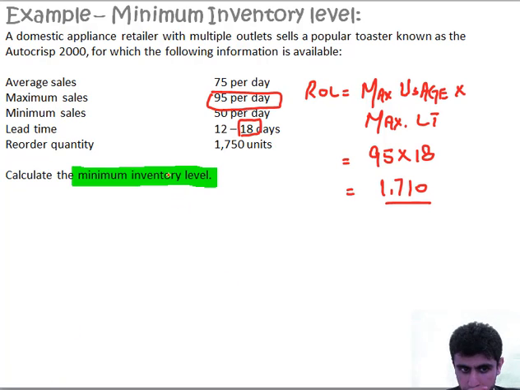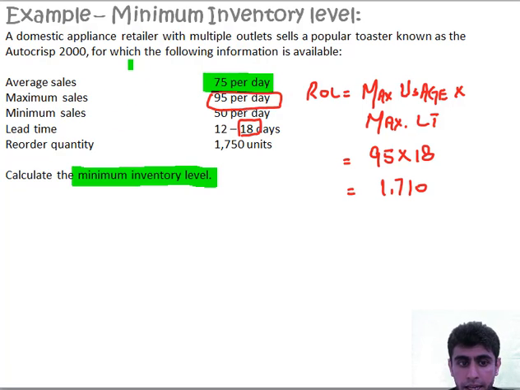Now we know that the formula to calculate the minimum inventory level also requires average usage and average lead time. Average usage is already given to us, which is average sales of 75 per day. However, we will have to calculate average lead time, which is the average of 12 and 18.